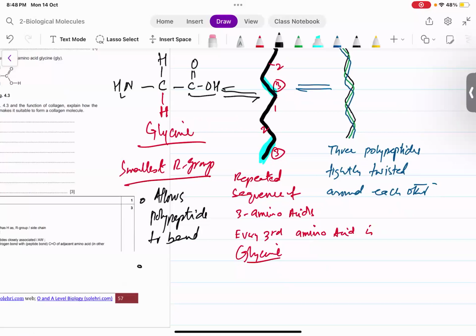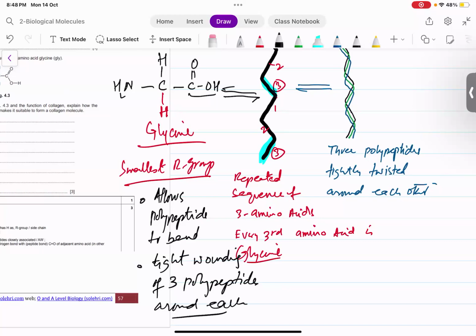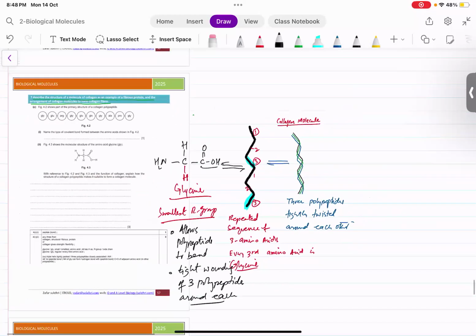And secondly, the smaller R group allows tight winding or coiling of 3 polypeptides around each other. If they are tightly wound around each other, it provides high tensile strength to the collagen molecule.